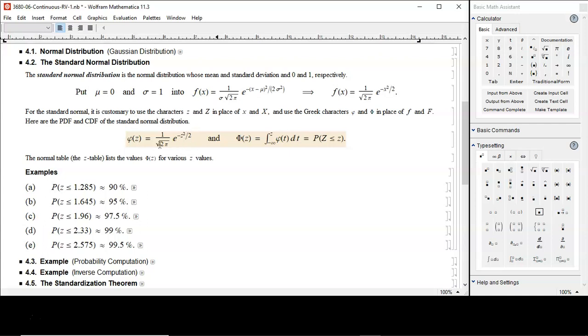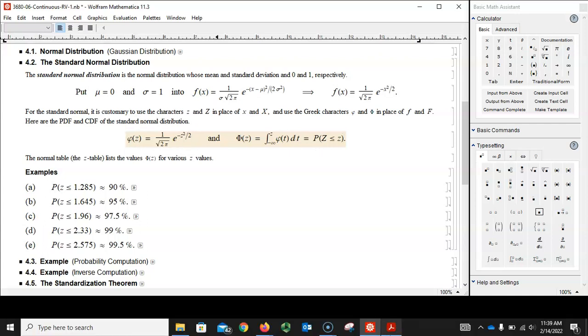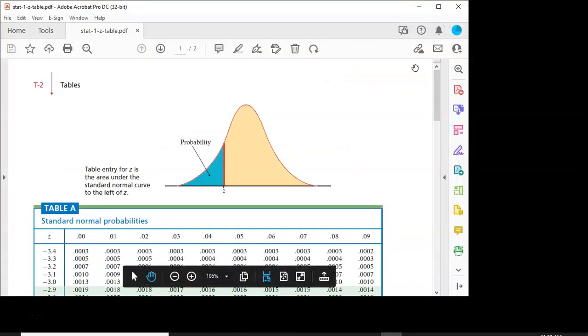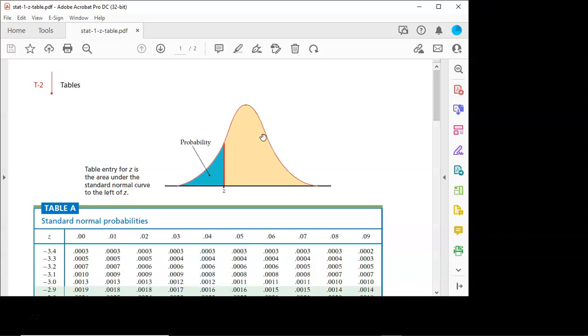For now, let's not focus too much upon these symbolics, but instead let's focus upon how to utilize it using the normal table.